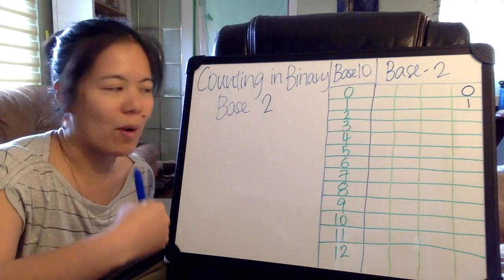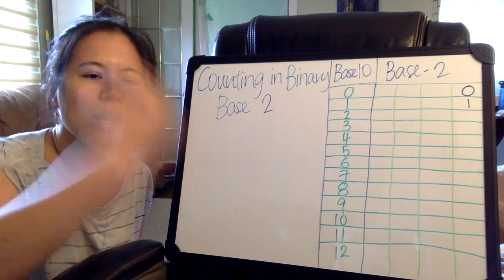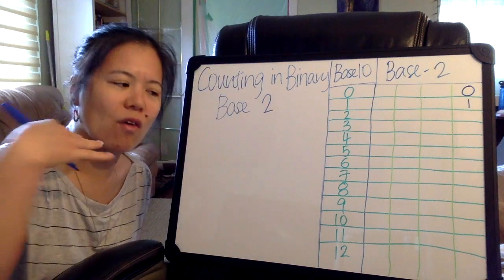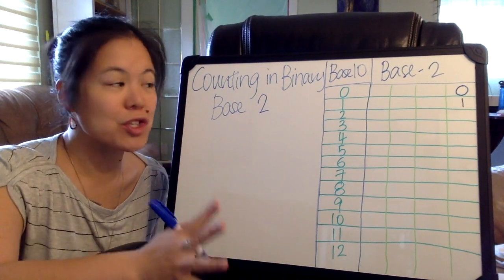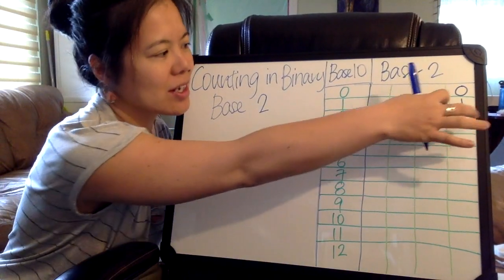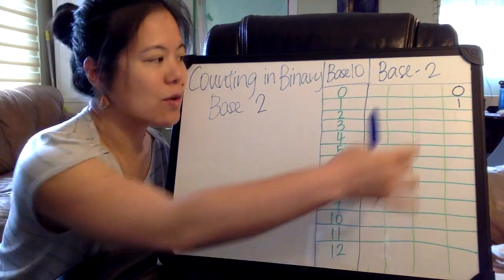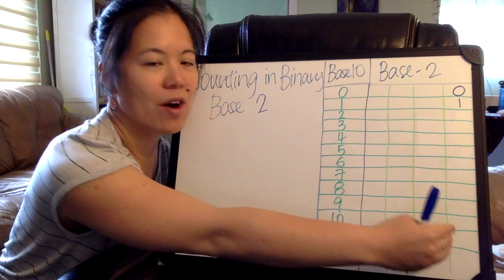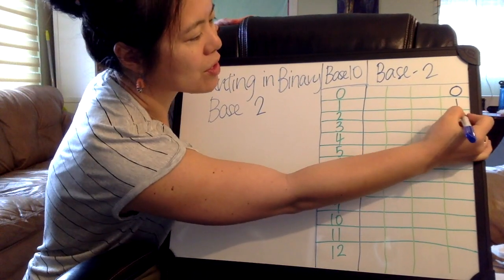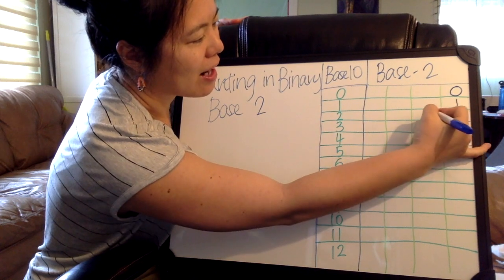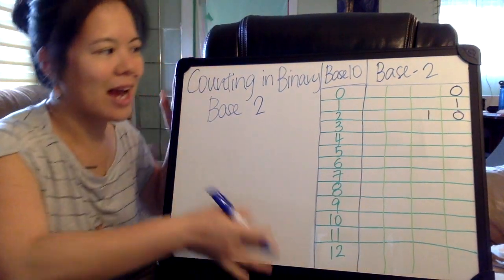You went 1 column over to the left, right? So it's the same thing. So 1 plus 1 is 2. Whenever you get to 2, you can't keep it in this first column, so you move 1 over to the left. So you get 0 for that, and 1, right?